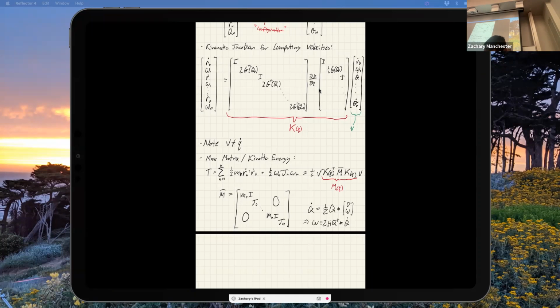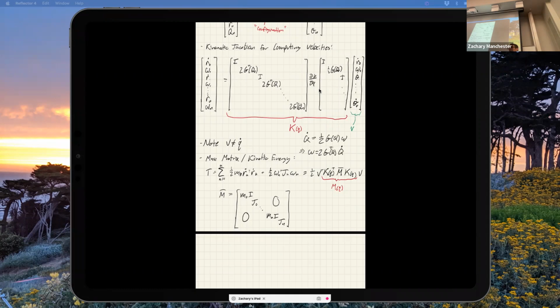Let's move this over. Maybe that's a useful aside. So this is 1/2 G of Q omega, and this is 2 G of Q transpose Q dot.